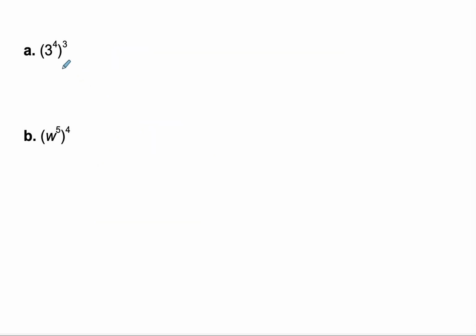So here we have powers of powers. So 3 to the 4th to the 3rd power. Again, for this one, just to illustrate it for you, I'm going to write it all out so you can see why we're doing what we're doing. So 3 to the 4th power, so 4 3s times another 4 3s times another 4 3s.